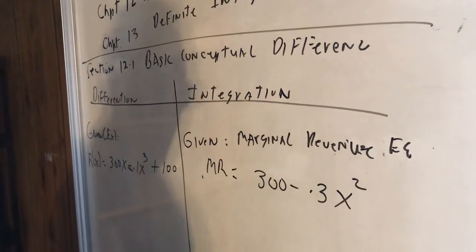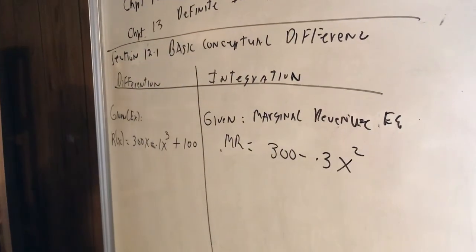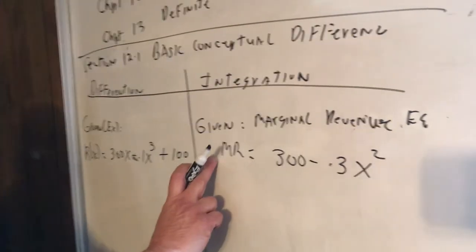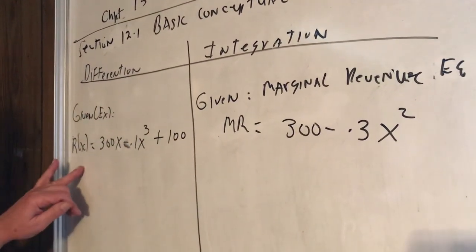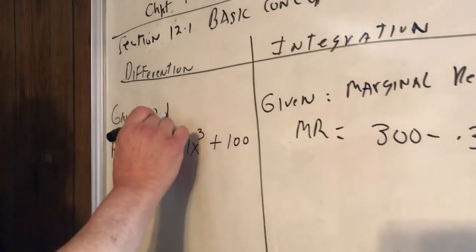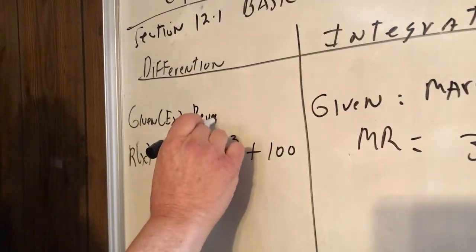But let's get some basic conceptual differences. This is where people get in trouble. When you're on the differentiation side, you're given the function. So I have here a revenue function.